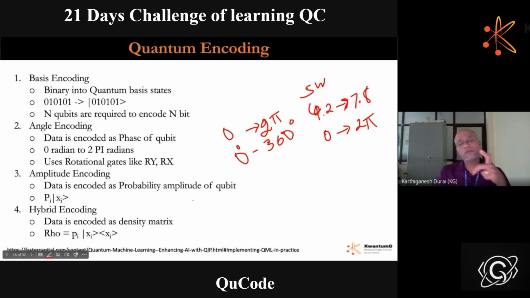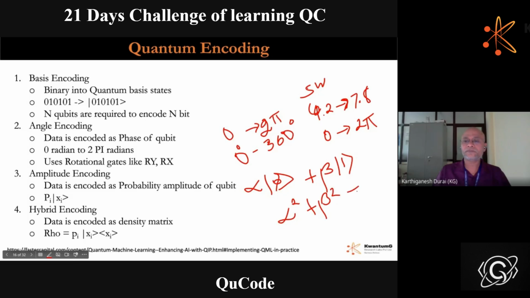What you can do is encode your classical data as the probability amplitude. We know alpha 0 ket plus beta 1 ket, and here alpha and beta are probability amplitudes, provided alpha square plus beta square equals 1.